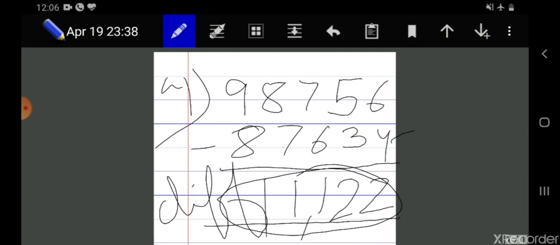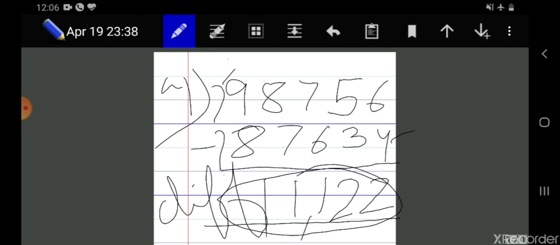Okay, and in these two, which is the minuend? The number from which we subtract the other number, the bigger number that subtracts the smaller number, is called the minuend.